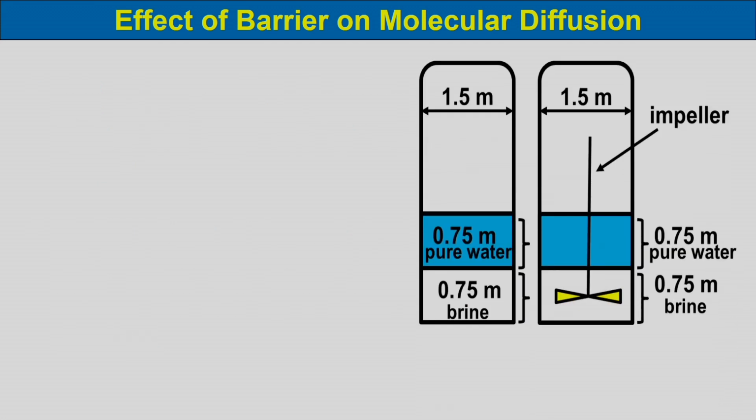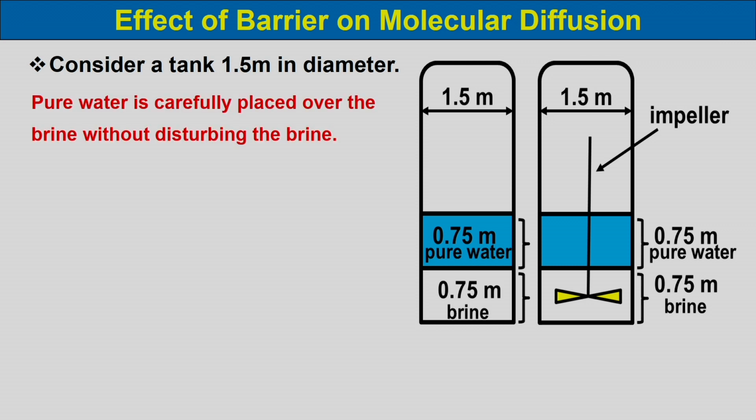Let us take another example. Consider a tank of around 1.5 meter diameter, and pure water is carefully placed over brine without disturbing the brine.